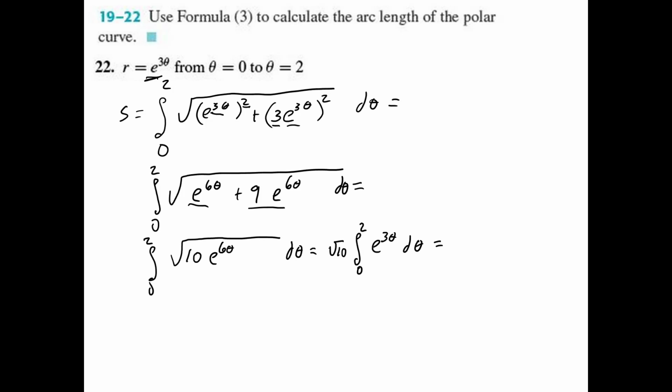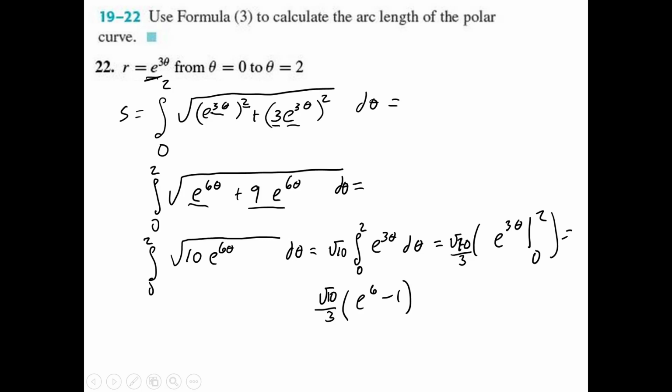Then the antiderivative is square root of 10 times e to the 3 theta over 3, and we're going to evaluate that from 0 to 2. And so we have the square root of 10 divided by 3, times e to the 6th power minus 1. And there we go.